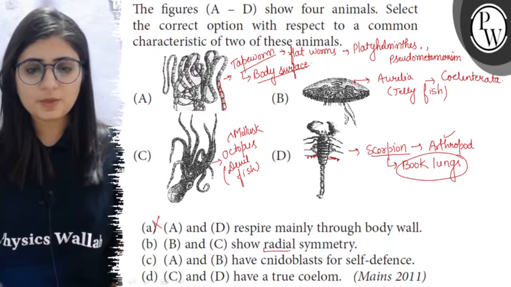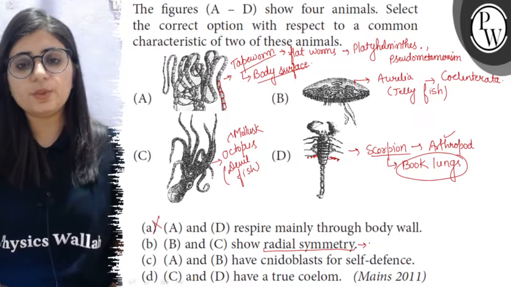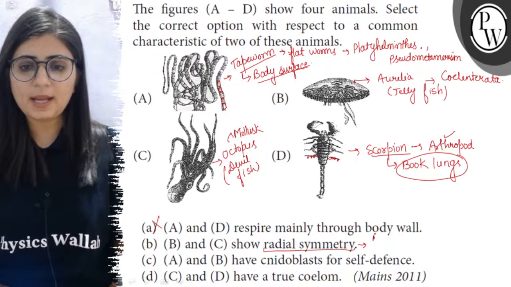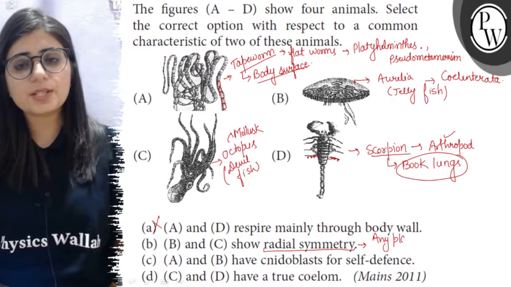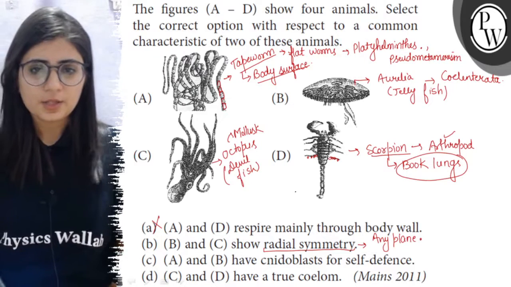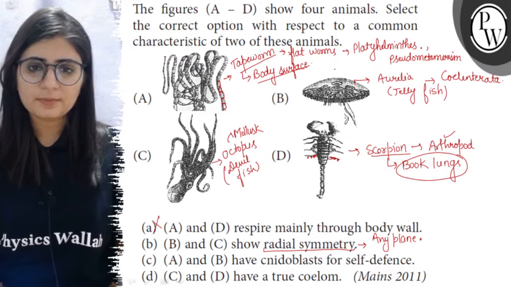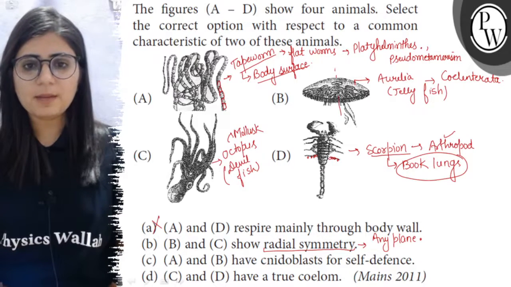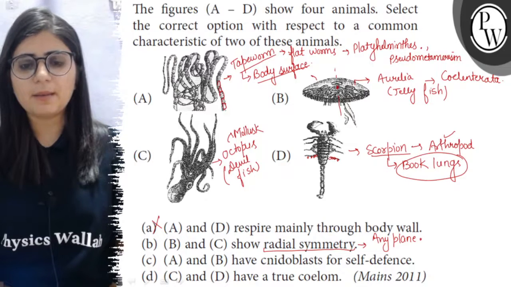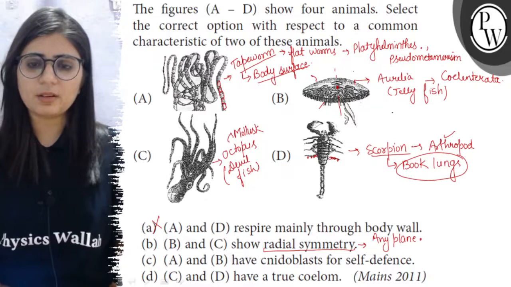Now the next statement is B and C show radial symmetry. Now the radial symmetry means the body can be divided into two similar halves by any plane which is passing through the center. So in case of Aurelia, the body can be divided into similar halves by any plane which is passing through the center, and such a symmetry is called the radial symmetry.